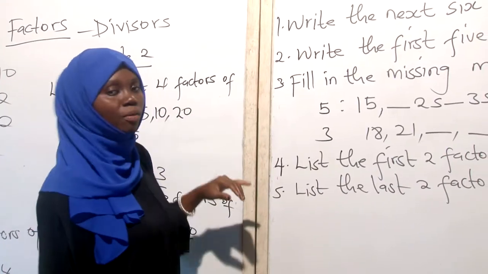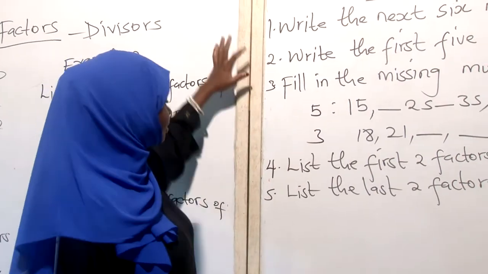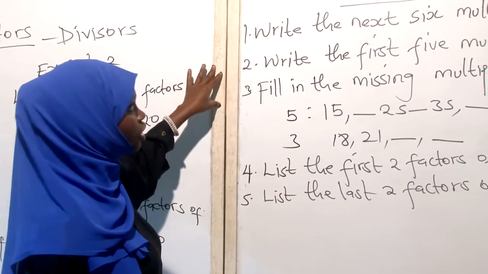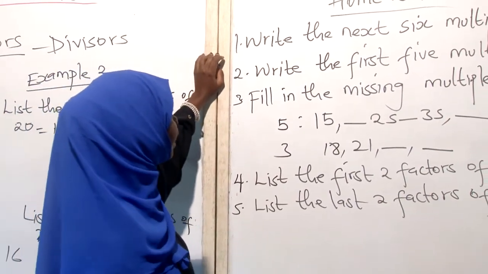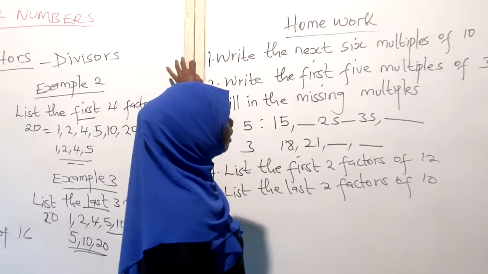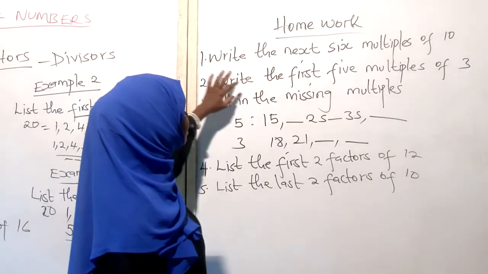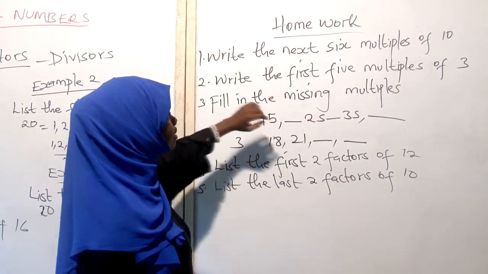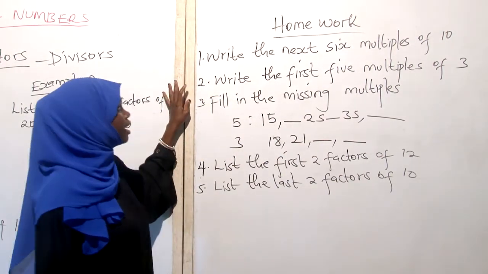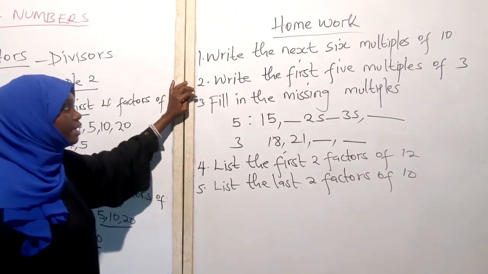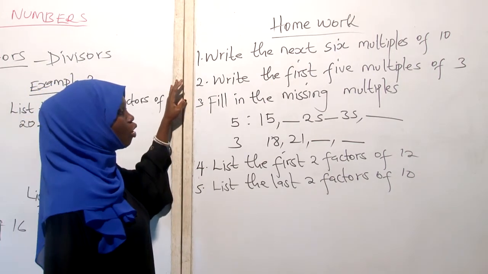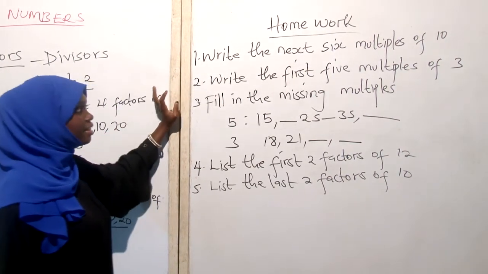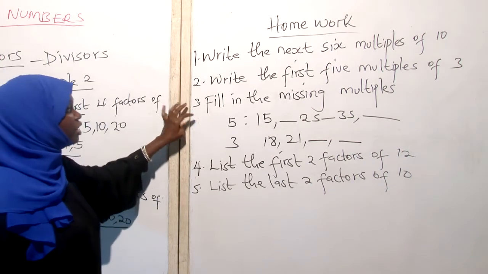Okay, I have some homework for you, and there are 5 questions. Question 1. Write the next 6 multiples of 10. Question 2. Write the first 5 multiples of 3.